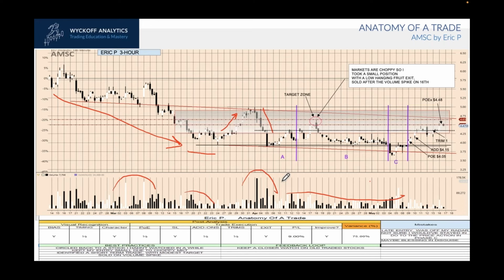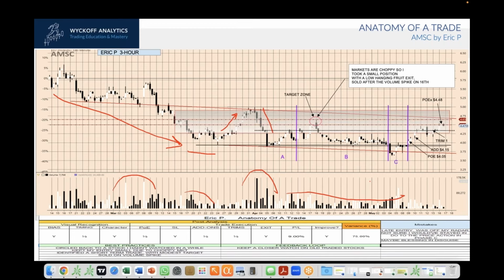So I could see that, and trimming, and the exit was okay, definitely for this swing. So overall, the variance that Eric P is giving himself is 75%. I think my scoring might be a little bit lower, but overall a good trade. What do you think, Eric?